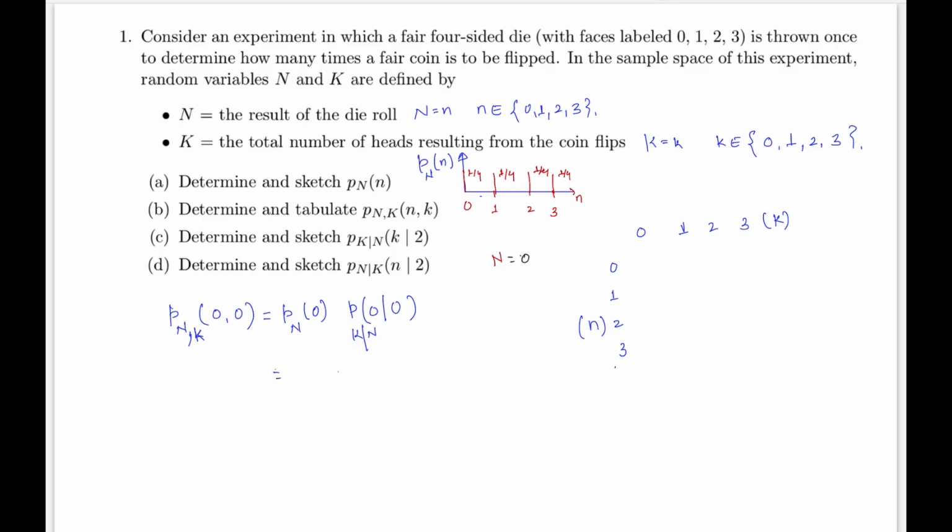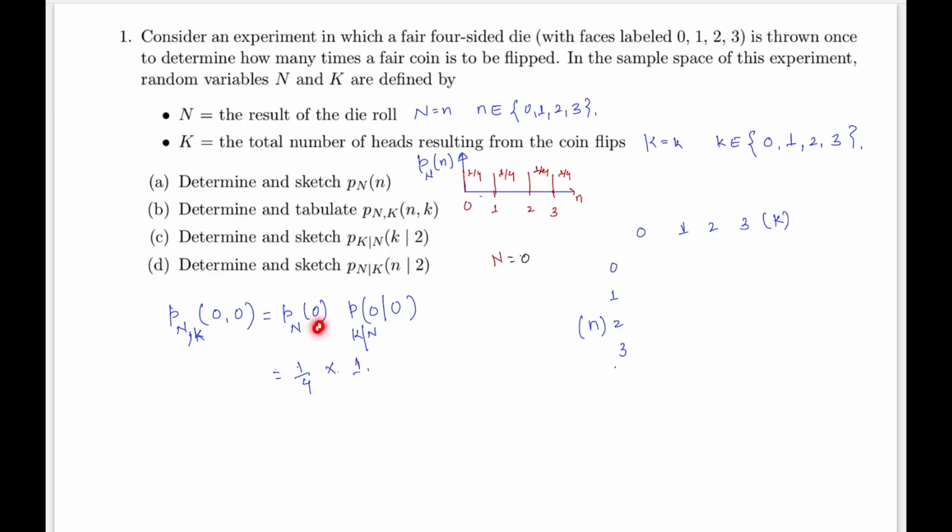So the probability that random variable n takes the value 0 will be 1 divided by 4, and once we know that random variable n takes the value 0, we are not going to flip the coin. So k taking the value 0 will be a very certain event with probability 1, right?